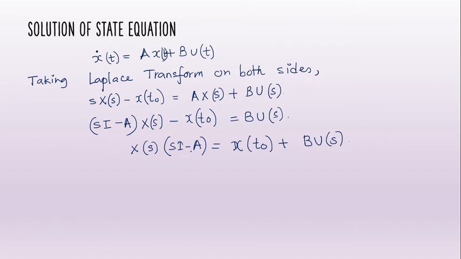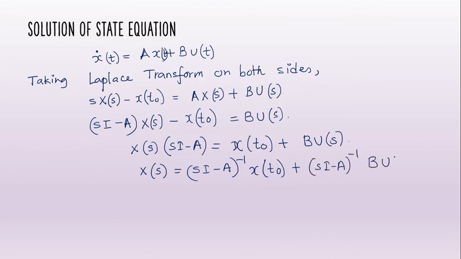Now from here we have to take the inverse of (sI minus A) on both sides. So X(s) will be (sI minus A) inverse x(0) or x(t0), whatever you write, plus (sI minus A) inverse B U(s).